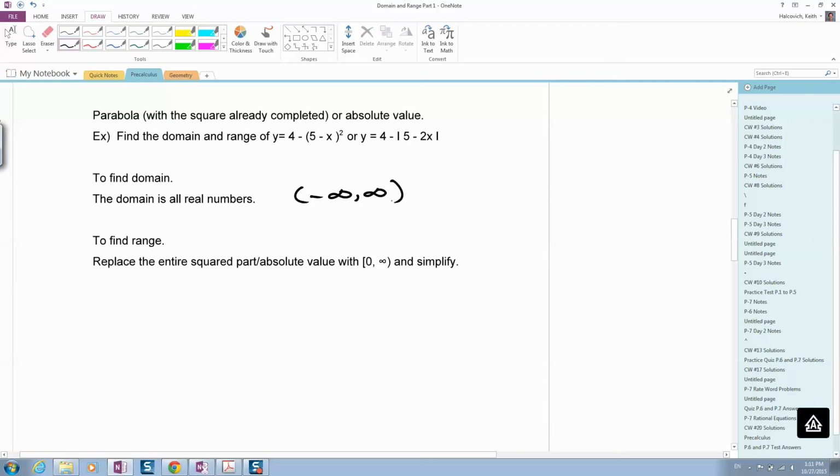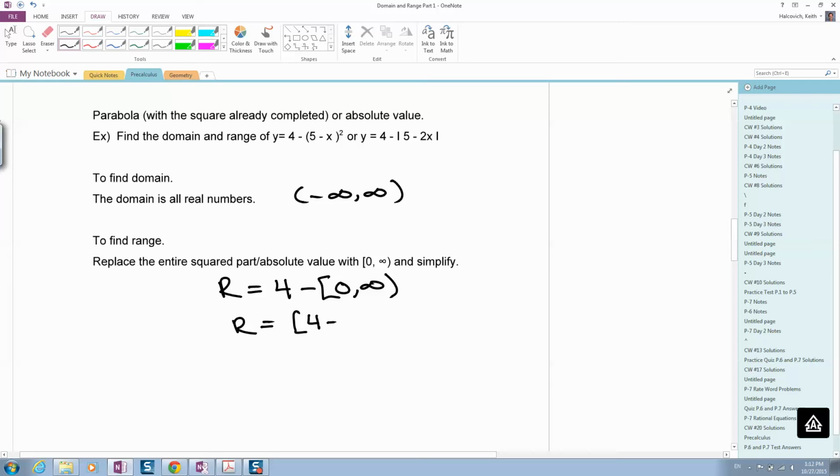To find the range, we're going to replace the entire squared part or the absolute value with greater than or equal to 0 and simplify. So to find the range here, we go 4 minus greater than or equal to 0, and then we're going to subtract 4.